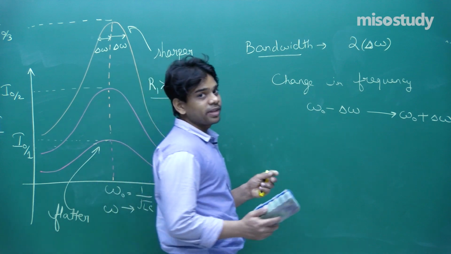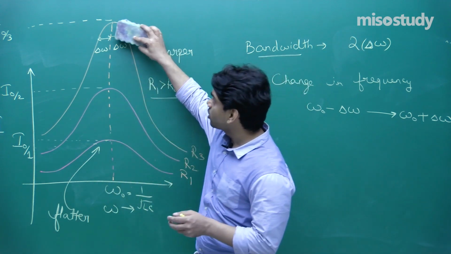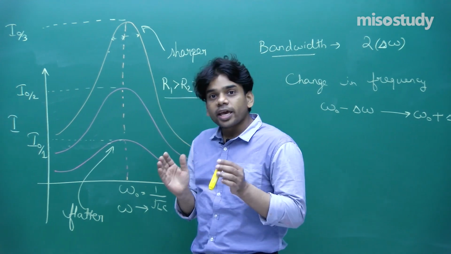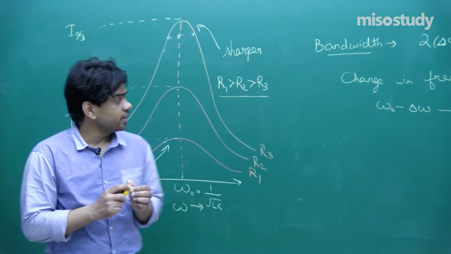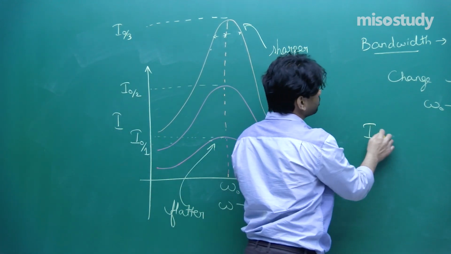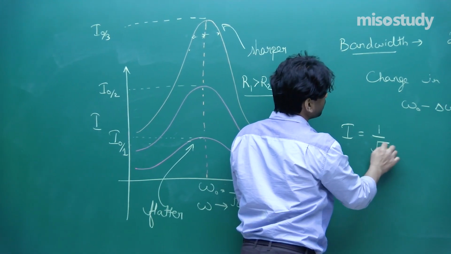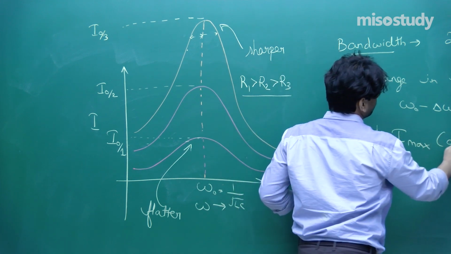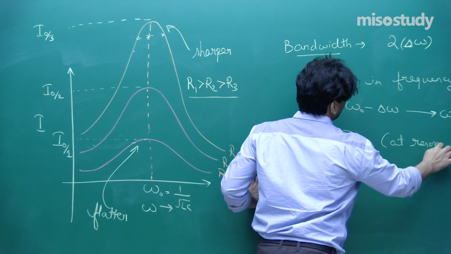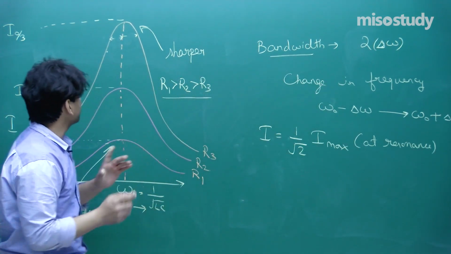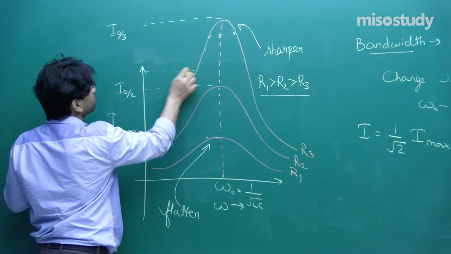Now one thing, let me make it very clear. Here I have marked this as delta omega. If we choose the value of current which is 1 upon root 2 times the maximum current at resonance, let's say that current is obtained somewhere here.